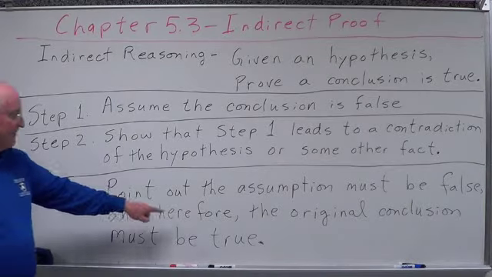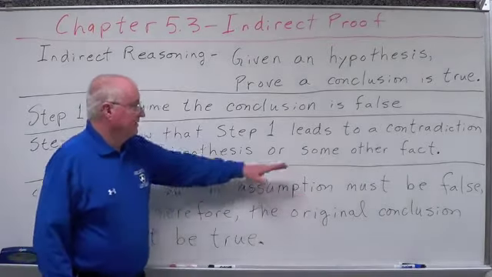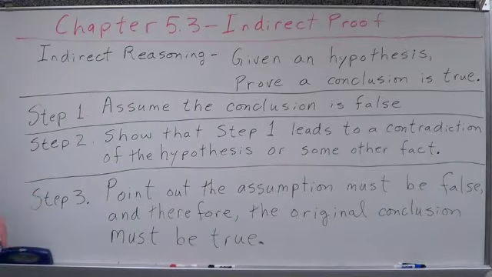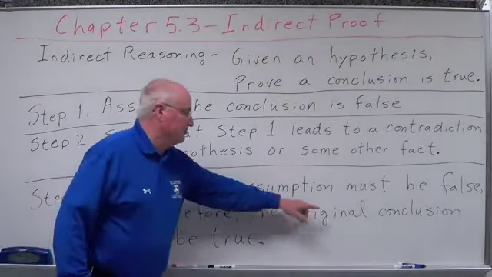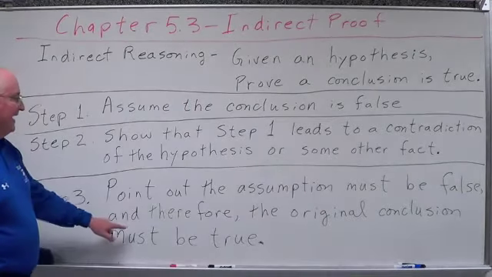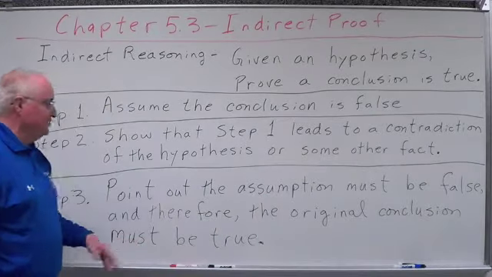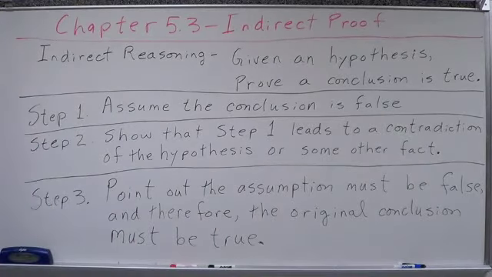step three, if the assumption contradicts a hypothesis or some other known fact, then the assumption has to be false, and therefore the original conclusion must be true. So we're sort of coming at things backwards.